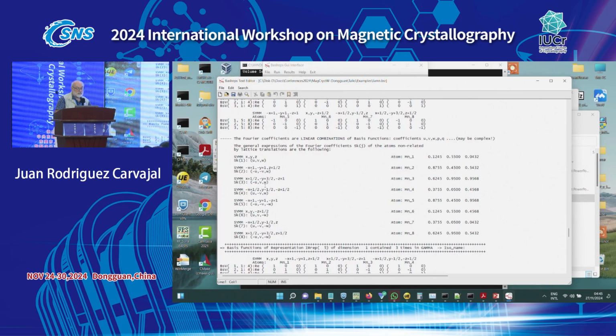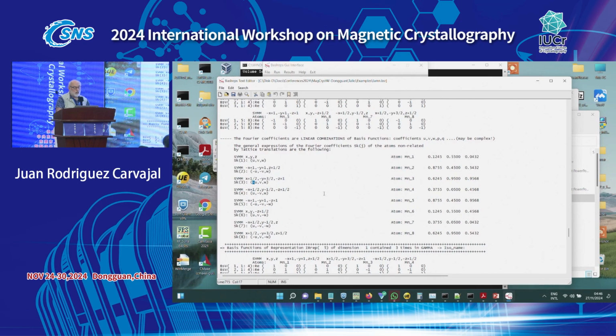The determinant of this one is 1, but you have here minus. That means that this is an operator which is prime. Directly you can see that from here.